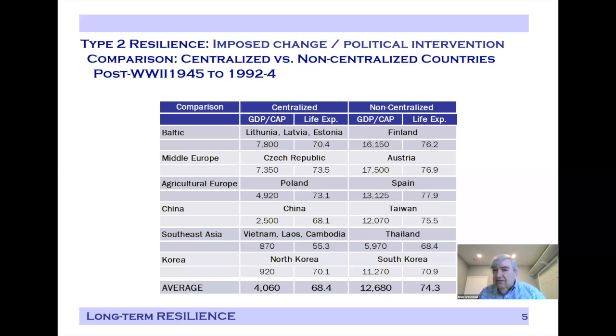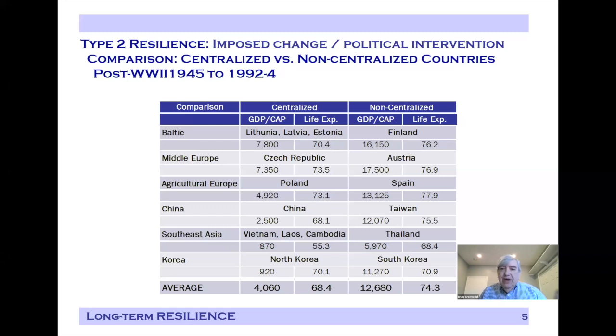It's a massive difference. If you look at Middle Europe, the Czech Republic, which is Bohemia, was richer than Austria before the war. By 1992-94, the GDP per capita is significantly less than half what it was in Austria, and life expectancy is 3.5 years lower.